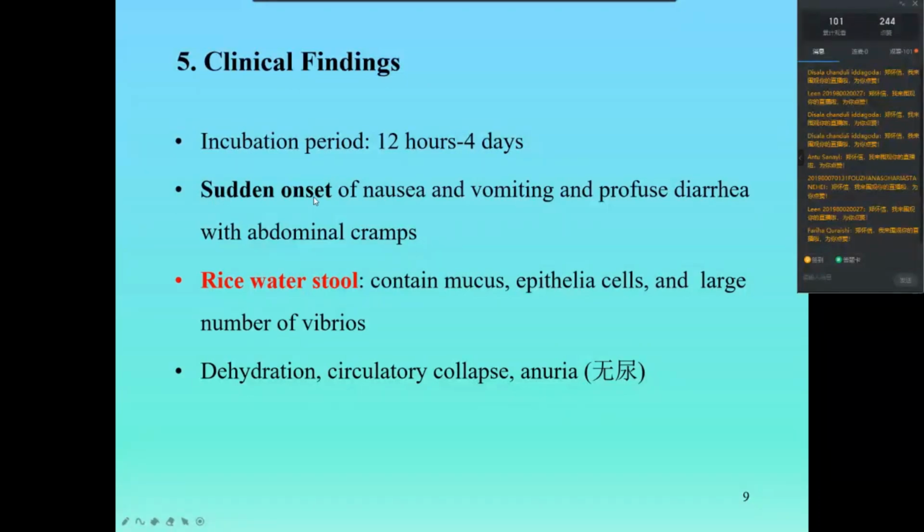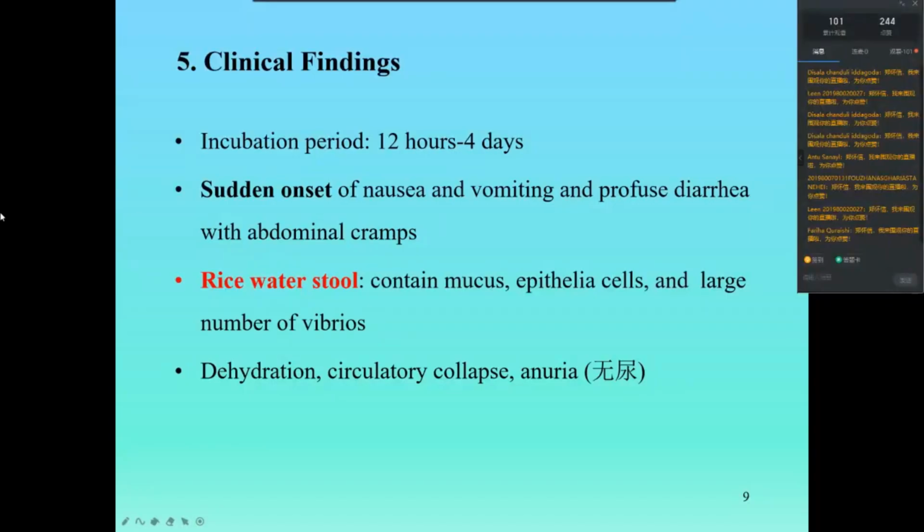So it's sudden onset. The symptoms show up quickly with nausea and vomiting and profuse diarrhea with abdominal cramps. That means it's very painful in the abdomen. So this is the first property.